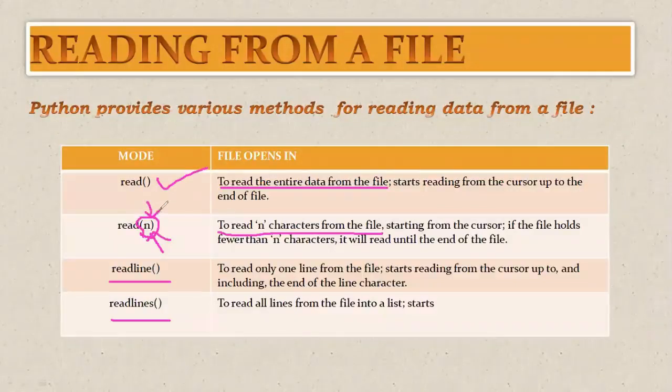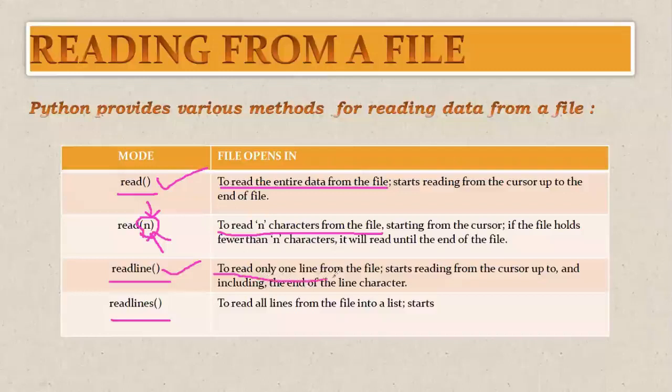If I write 5, I am instructing the compiler to read only 5 characters from the file. But if I am not writing anything, I am instructing the compiler to read the entire file at once. If I am using readline, I am instructing the compiler to read the file one line at a time. The first line will be read at one time.